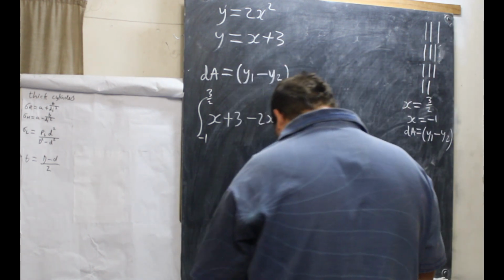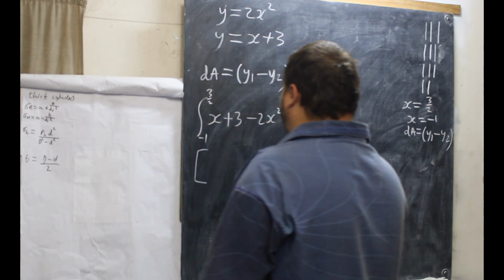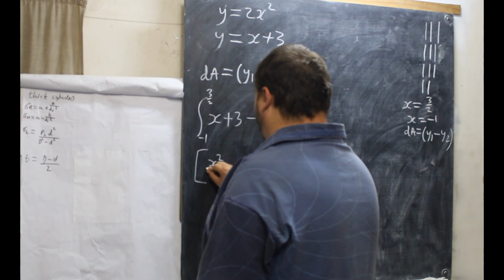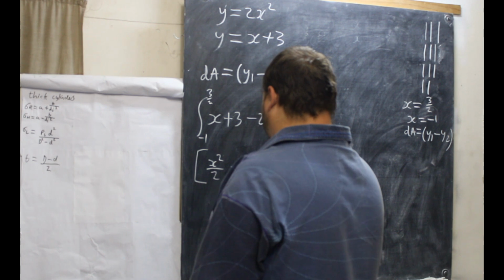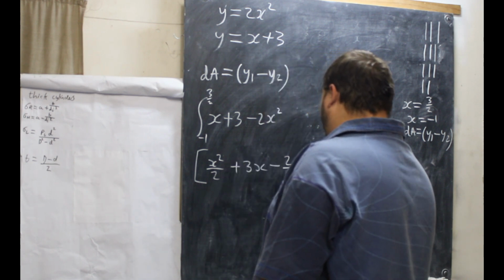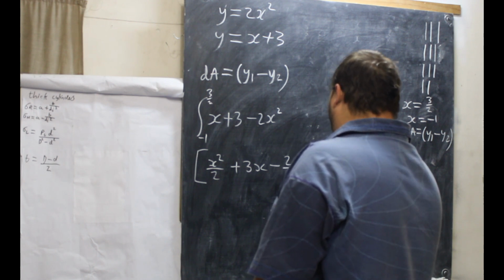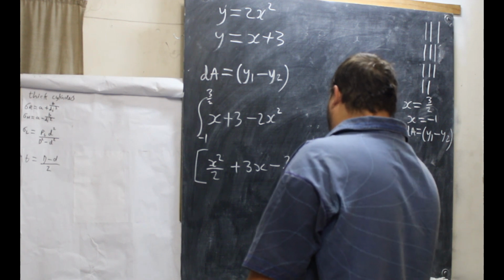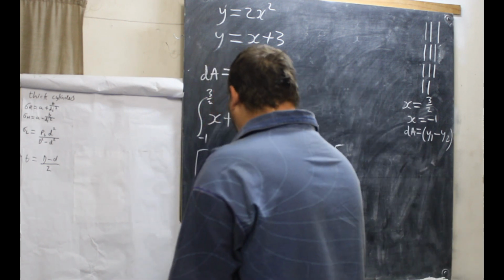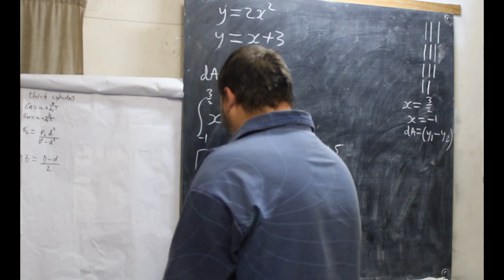Next step is now we integrate. Now 3 over 2 can also be 1.5. So this is x squared over 2 plus 3x minus 2 over 3 x to the power 3, from minus 1 to 1.5. So next step is now we're going to put this into our little formula.